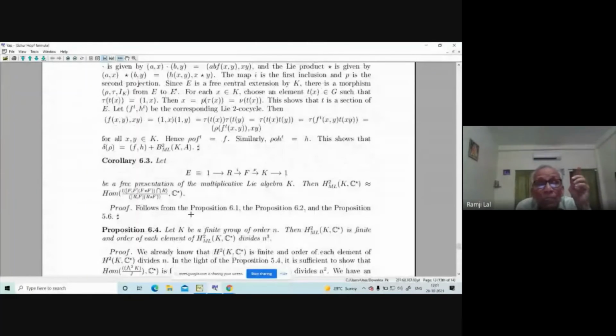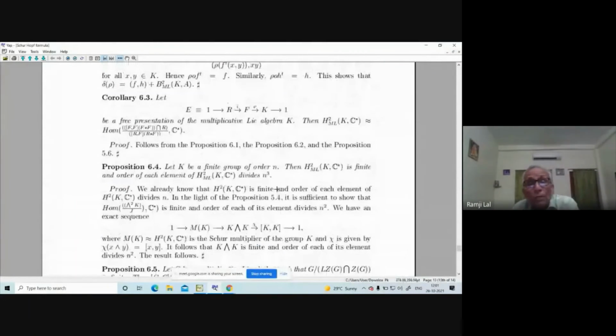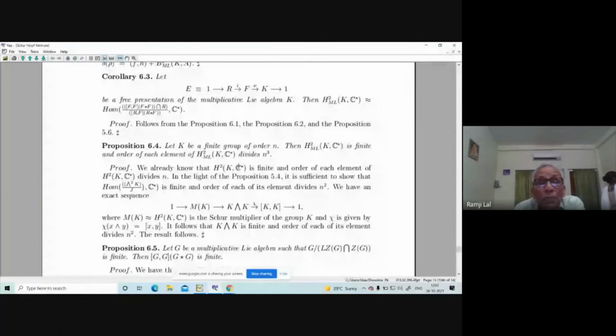So for a finite group K, H2 MLKC star is a finite group of order such that the order of each element divides the order of this. Recall this formula as we described from H2 KL to H2 MLKC star.